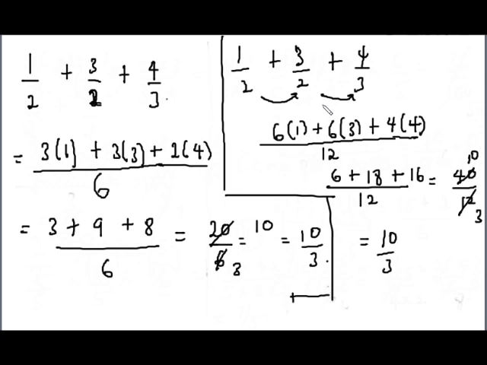Okay, so let's take another example. From this example, we look for the LCM of 3 and 6. Now the LCM of 3 and 6 is 6. Okay, so we're picking out our 6 here.